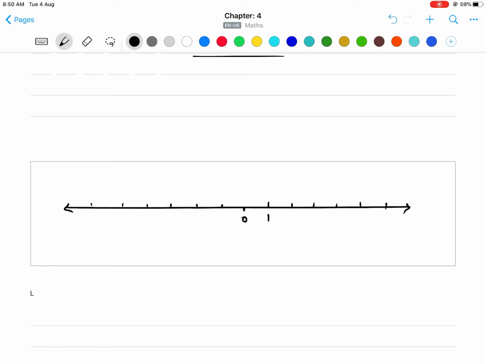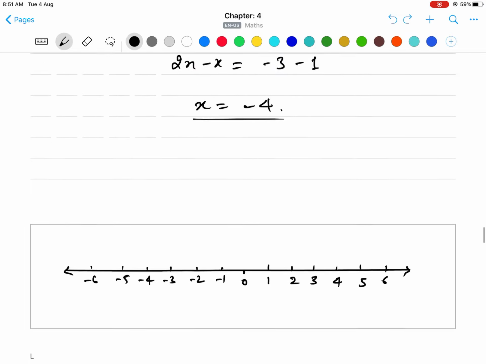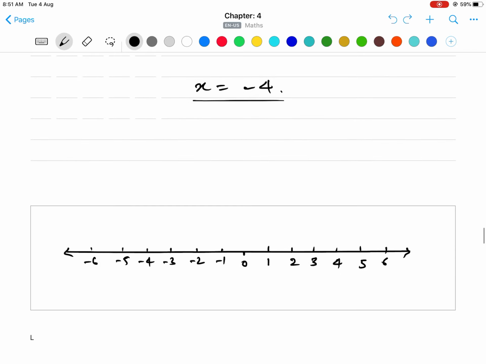So let's write the numbers 1 2 3 4 5 6. Similarly minus 1, minus 2, minus 3, minus 4, minus 5 and minus 6. On one side we have negative values, and on the other side positive values. So the point that we have is x equals minus 4, so that will be here.